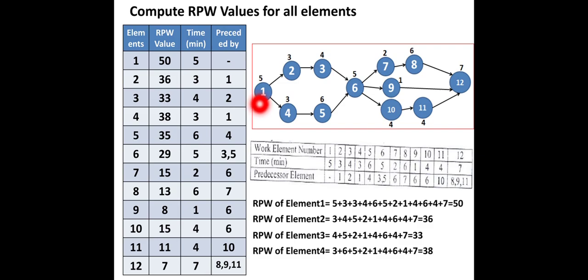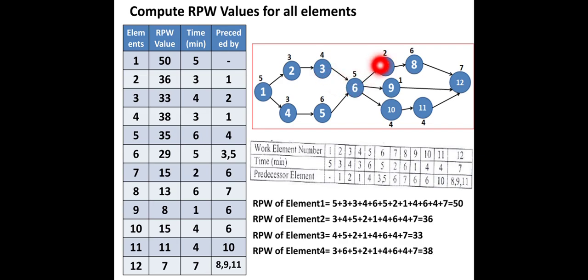RPW value is nothing but the sum of the elemental times in the precedence diagram. Wherever the arrow flows, from 1 it goes to 2, that is 5 plus 3 is 8, plus 4 is 12? No: 8 plus 4 is 11. 11 plus 5 is 16.